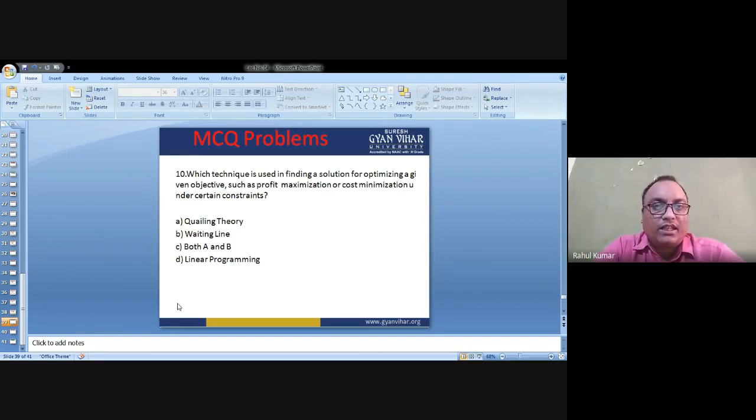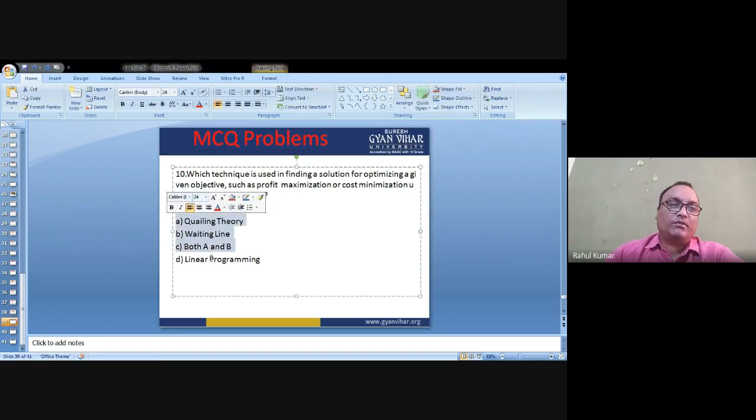Which technique is used in finding a solution for optimizing a given objective, such as profit maximization and cost minimization under certain constraints? Queuing theory, waiting line, both A and B. These are not related to the linear programming approach, so these are the wrong answers.